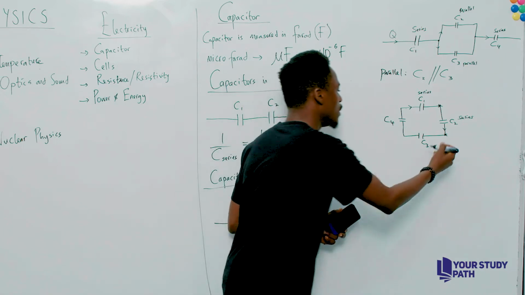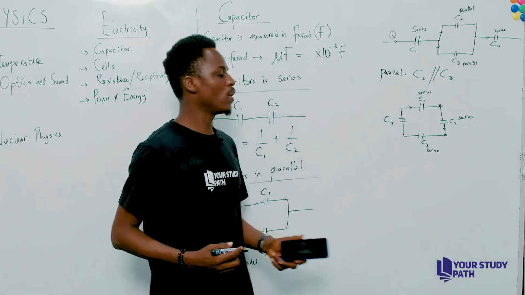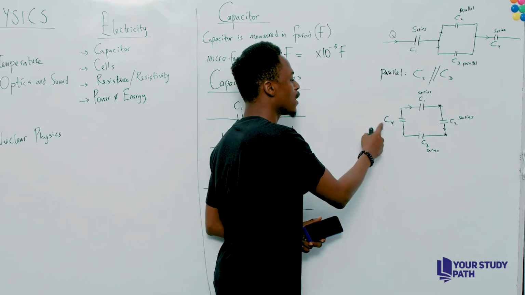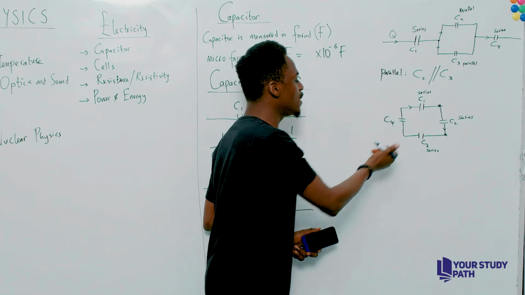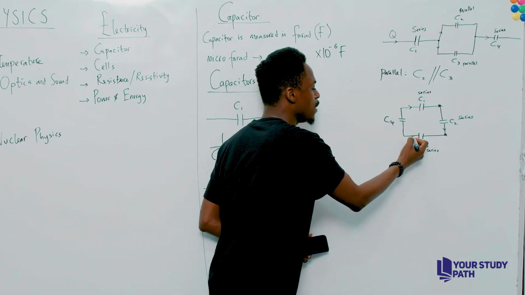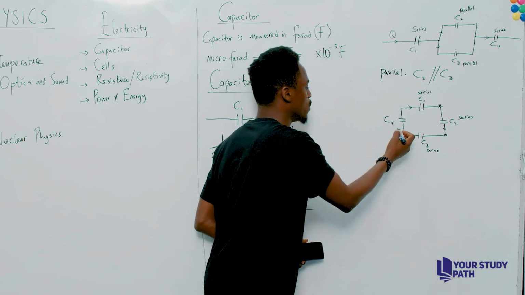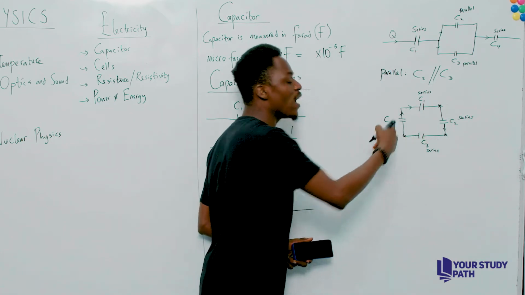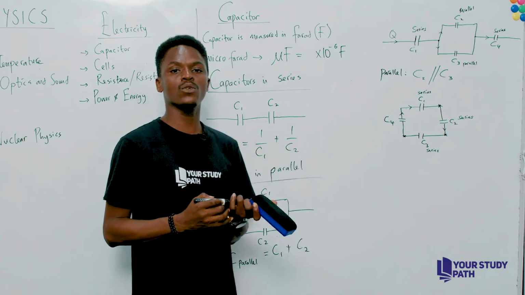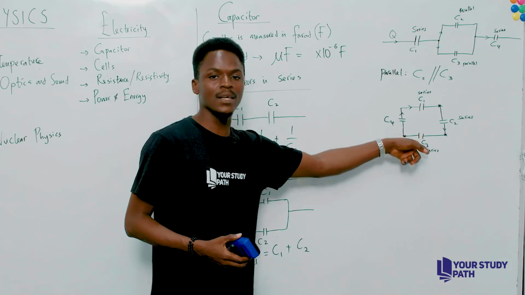As such, this one is actually in series with C2. Lastly, C3 and C4. C3, at this point here, the charge will easily flow upwards into C4 and the loop continues. So all these capacitors are actually connected in series and not in parallel.